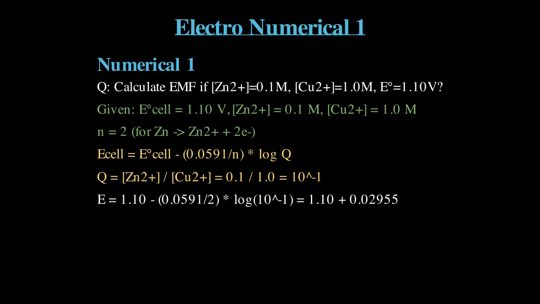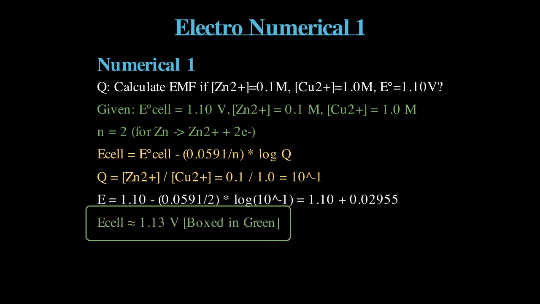This simplifies to E equals 1.10 minus 0.02955 times minus 1. The two negatives make a positive, so E equals 1.10 plus 0.02955. Therefore, our final answer is approximately 1.13 volts. The EMF is slightly higher than standard because the low concentration of zinc 2 plus favors the forward reaction.